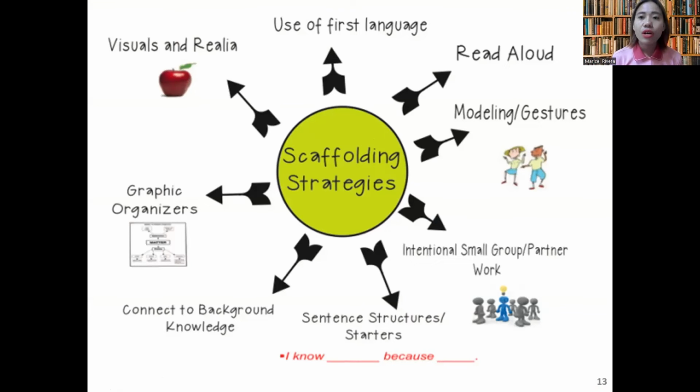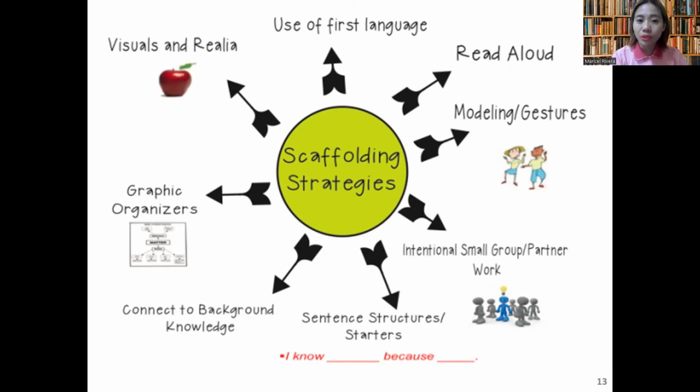To read aloud, we model gestures or actions. We also allow them to be in a small group or partner work. So that could be one of the scaffolding strategies. Sentence structures or starters like "I know blank, because blank." We let the students fill in the blank, but we give them a structure.